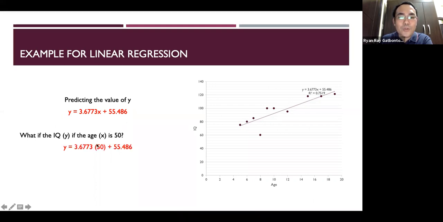We just substitute x with 50 in the formula that we found. By computation, it is around 239.35, or we can say that the IQ is around 239.